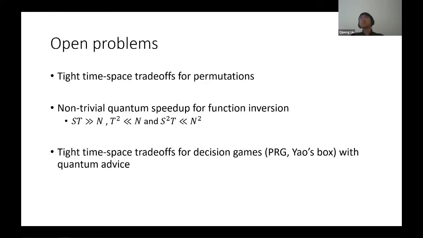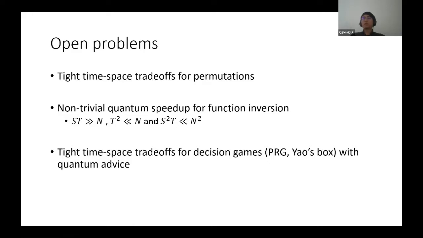I know there's an attempt at using similar techniques. Basically, for a computation, you divide the computation steps into segments, and you assume the space constraint only matters in the transition between different segments.